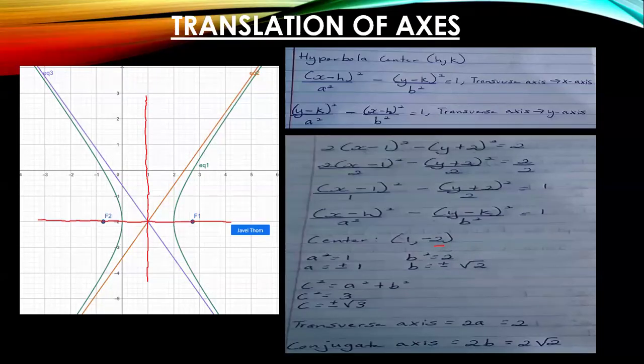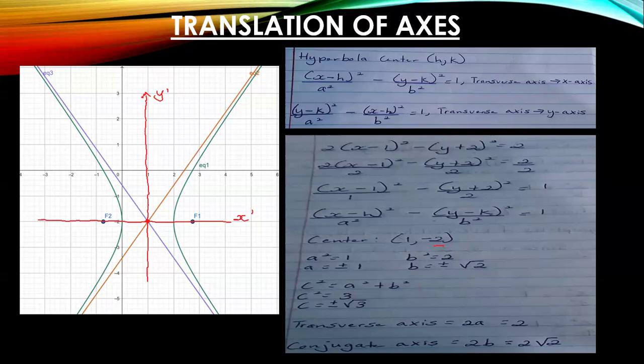So we can see our center is here. That's our center, and we can call this y prime and this x prime. So it's basically like we create a new x and y axis, because it's a shift. It's not at the center anymore.